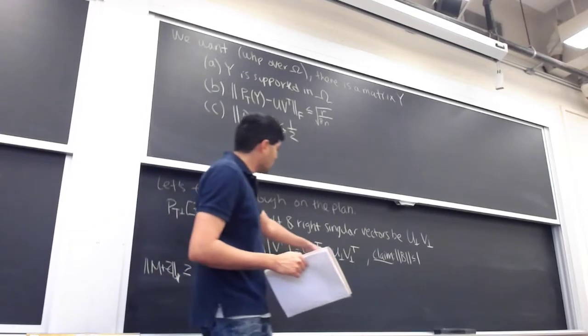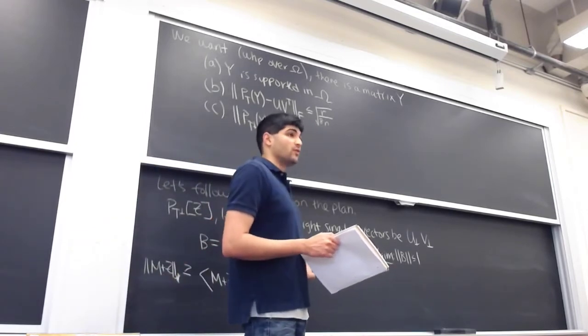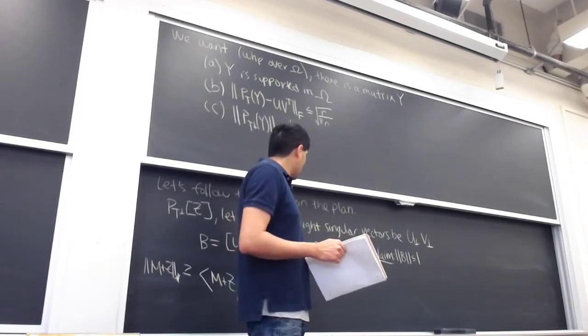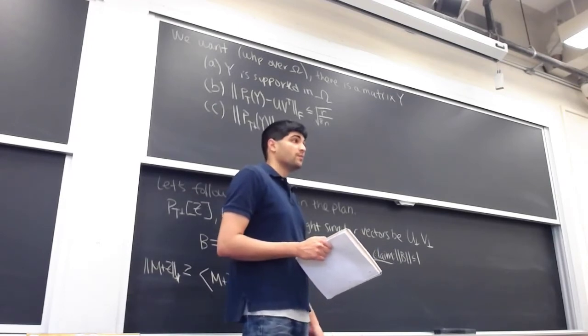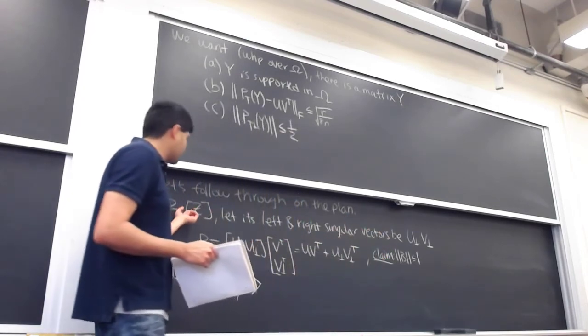So the first column of U perp is indeed perpendicular to all the columns of U, and the first column of V perp is perpendicular to all the columns of V. That's the way I've constructed this space T perp.